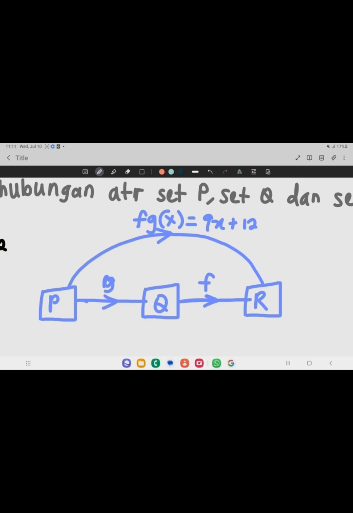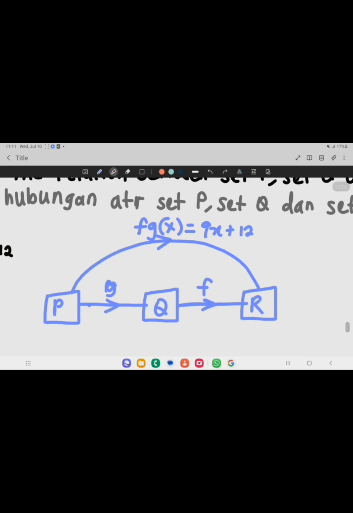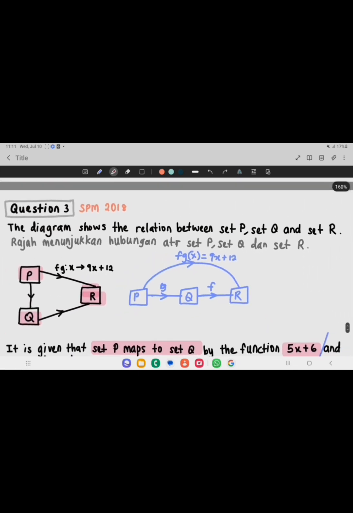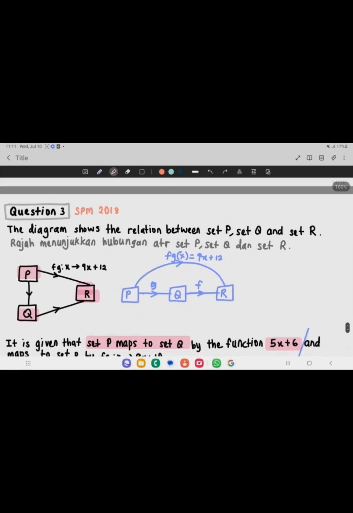It is always that the one at the back, you must write first. I've explained this in the previous video, and it's similar to question 1 that I explained earlier. Basically it's the same thing. I've just changed the pattern a little bit, from the triangle shape into a straight chain like this. I hope you guys can understand this.